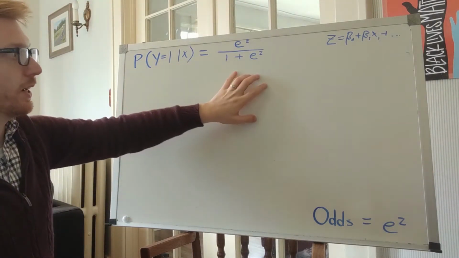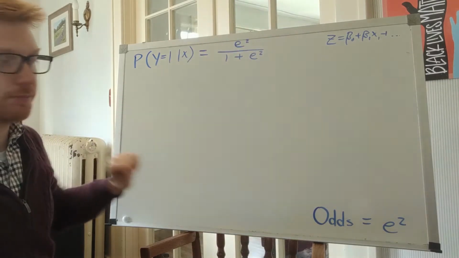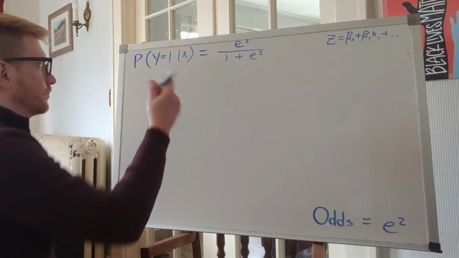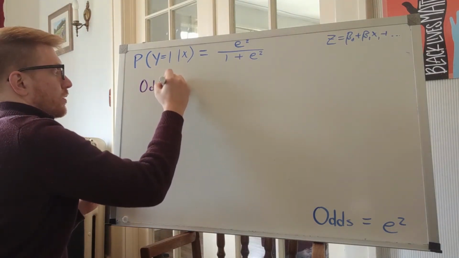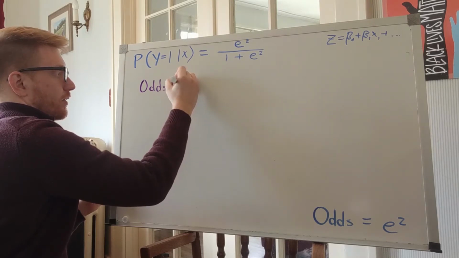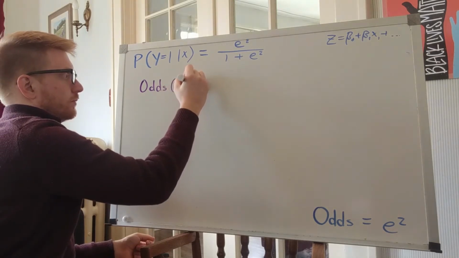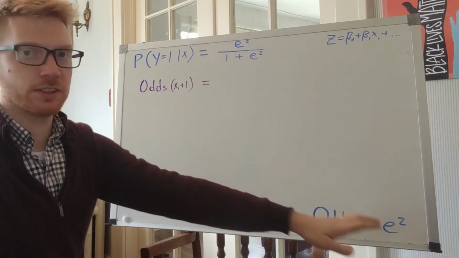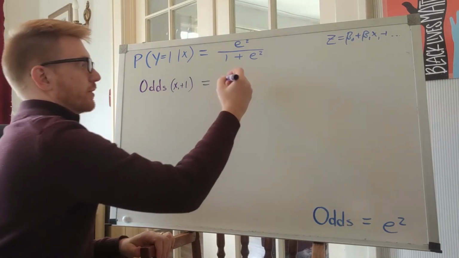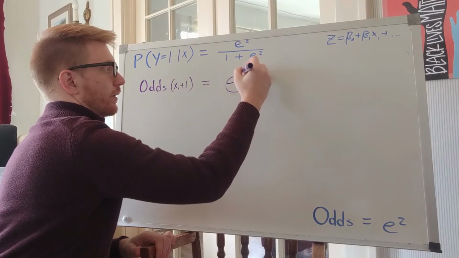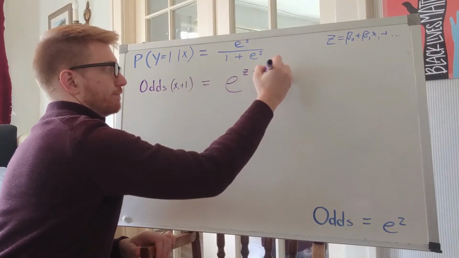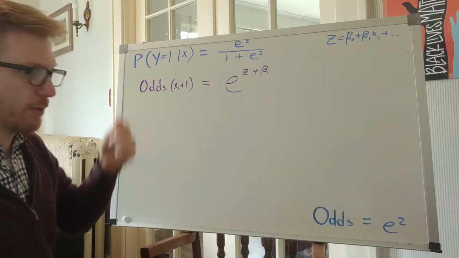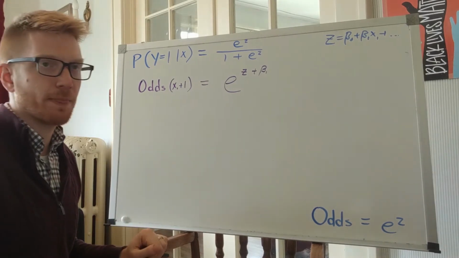So the exponent would now be z plus beta 1, and if we go all the way down to getting new odds, the odds with increasing x by 1, we could do that whole exercise, and we'd end up with the same solution with one thing different: adding beta 1. We've done the odds for each, which is the probability of success over the probability of failure.